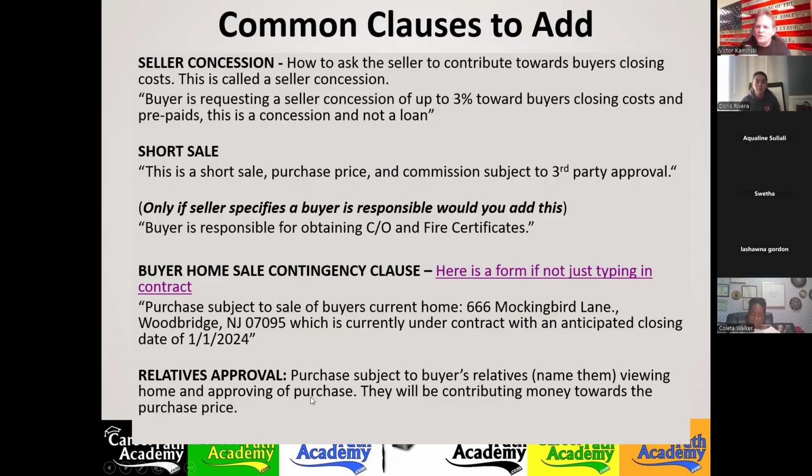Viewing the home and approving the purchase. They will be contributing money towards the purchase price. Okay. So you just write it plain English. You don't need to be an attorney to be able to write clauses in contracts. You can write it in as simple as that. Okay. As long as it's straightforward and clear. Don't try to write in like legal mumbo jumbo.